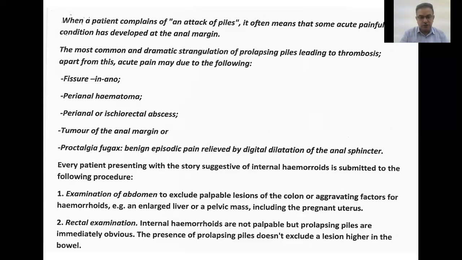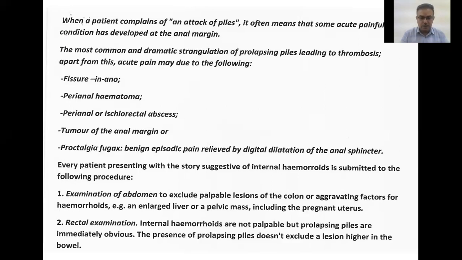Every patient presenting with a story suggestive of internal hemorrhoids is subjected to the following procedures: examination of the abdomen to exclude a palpable lesion of the colon, tumor, carcinoma, or aggravating factors for hemorrhoids, for example a large liver or pelvic masses, including the pregnant uterus. And rectal examination.